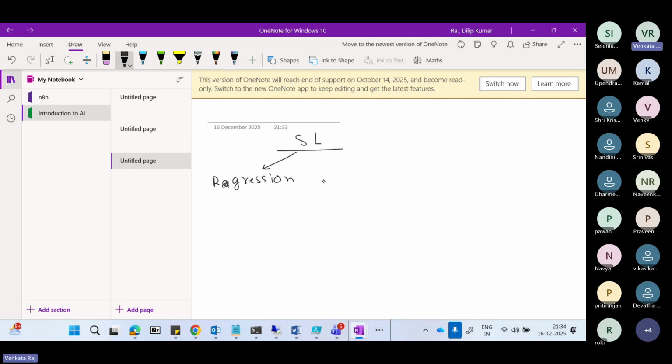In regression machine learning, which is a type of supervised machine learning, the ML algorithm is trained on numerical data as output.